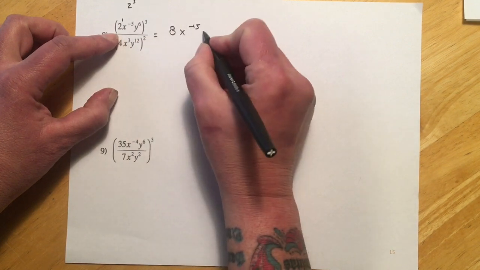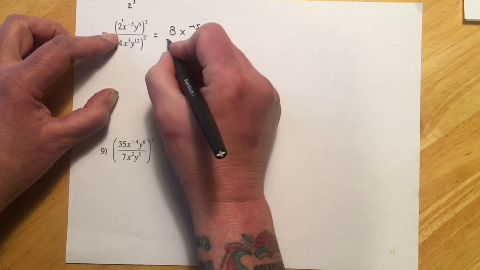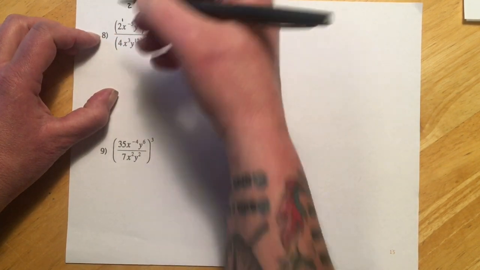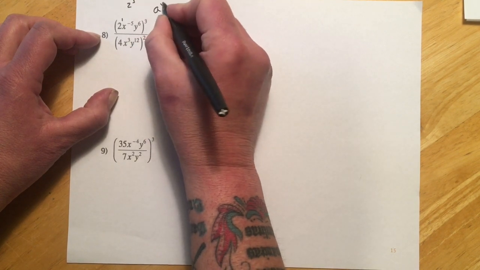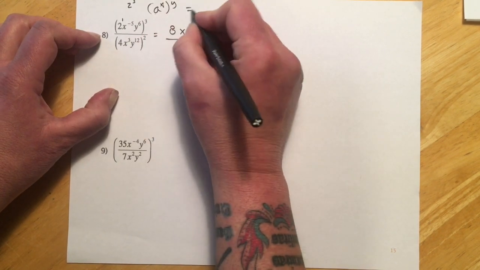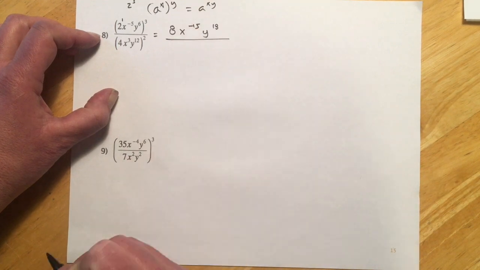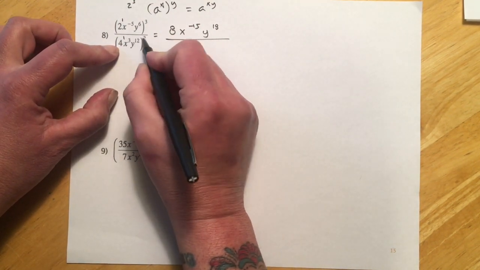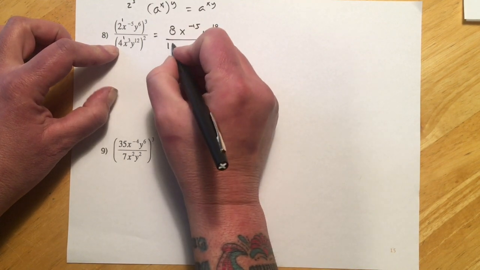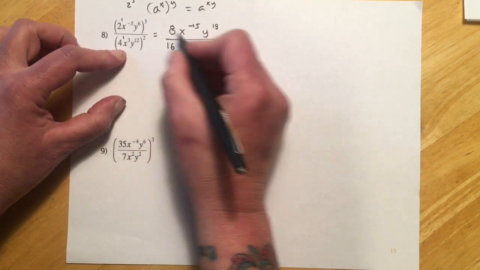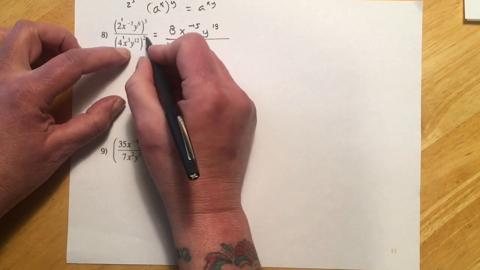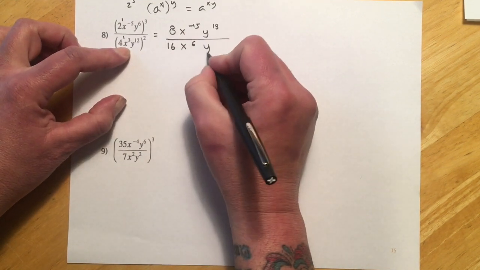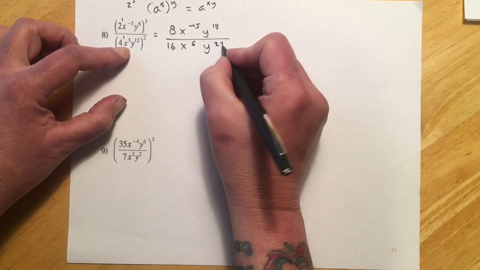And 3 times the 6 would give us 18. Remember, when we're raising to a power, that's the one where we multiply. So here, 4 is like a little 1 there, so that'd be 4 squared is 16. 2 times 3 will give me x to the 6th. And 2 times 12 will give me y to the 24th.